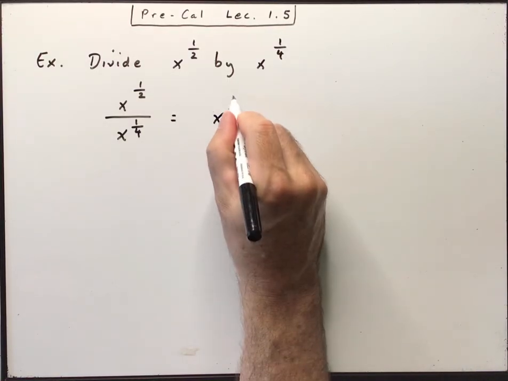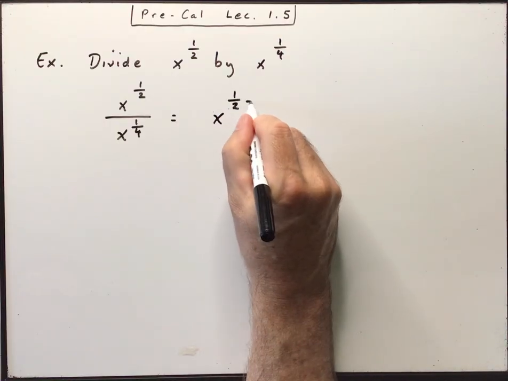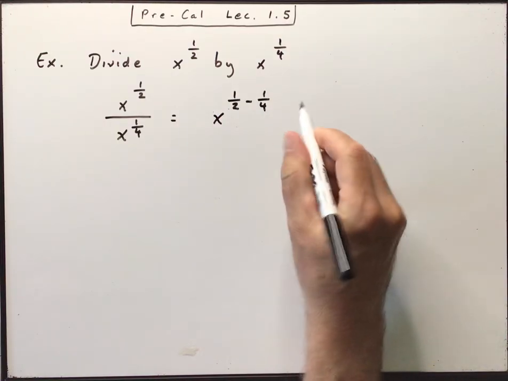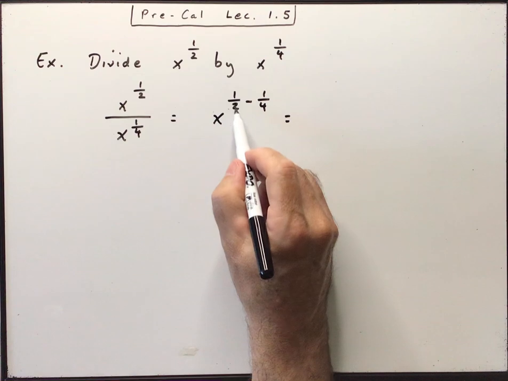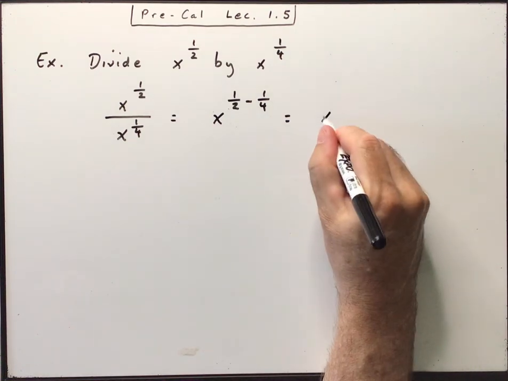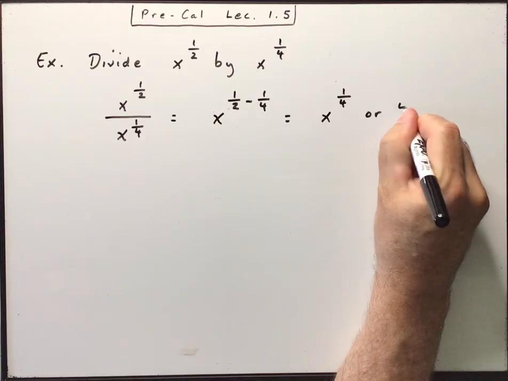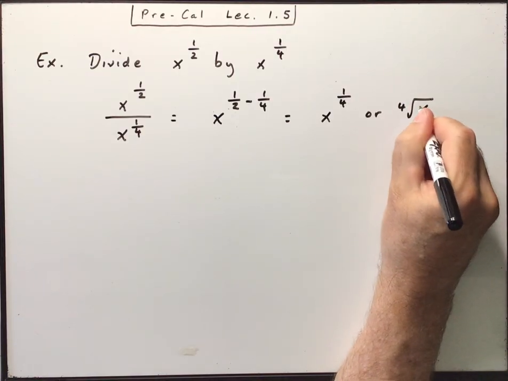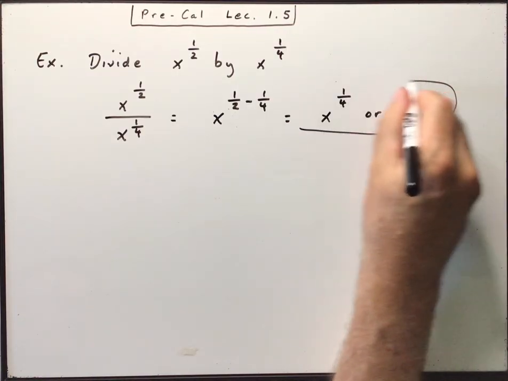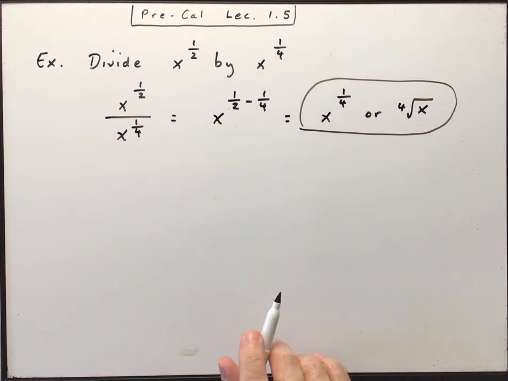So this is the same as x to the 1/2 minus 1/4. So that's 2/4 minus 1/4. So that would be x to the 1/4, or the 4th root of x, whichever way you are asked to report the answer.